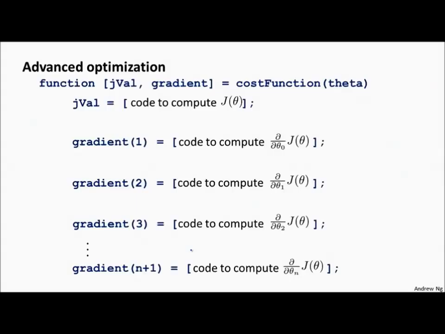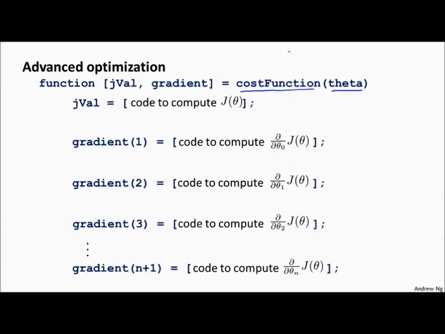Let's talk about how to get regularized linear regression to work using the more advanced optimization methods. Just to remind you, for those methods, we needed to define a function called the cost function that takes as input a parameter vector theta.